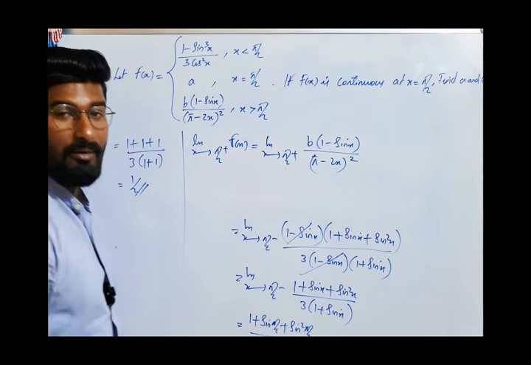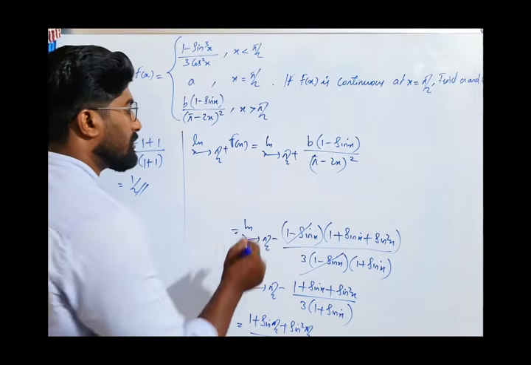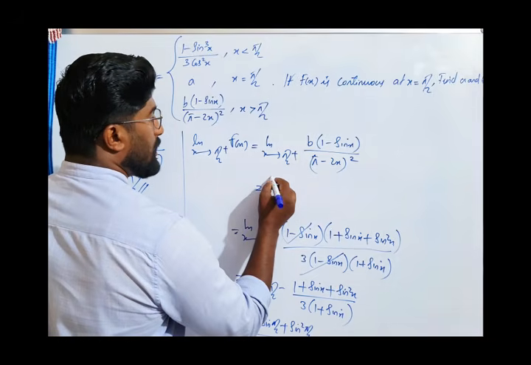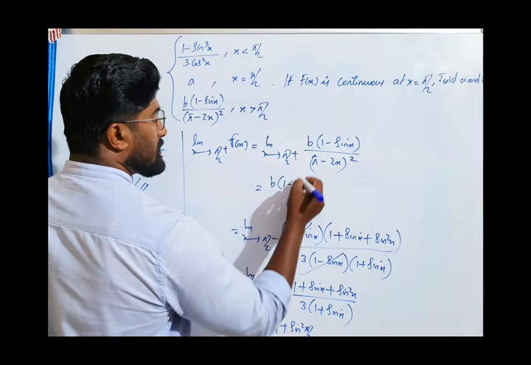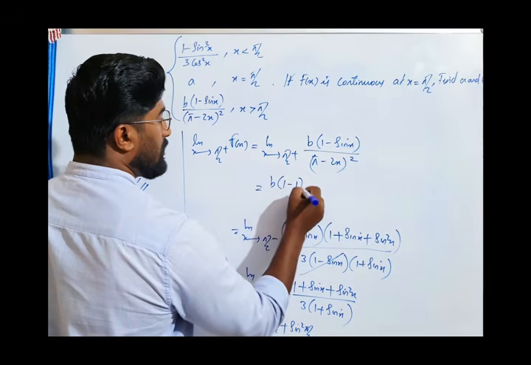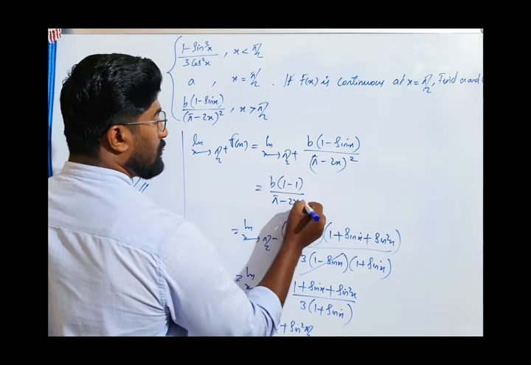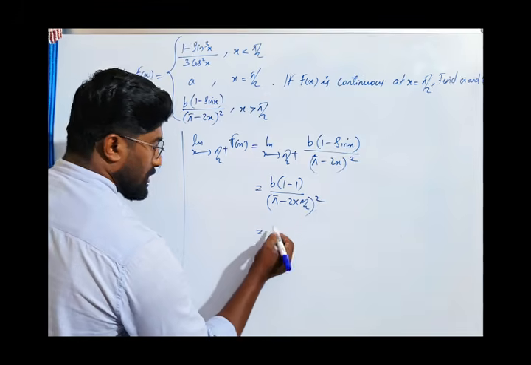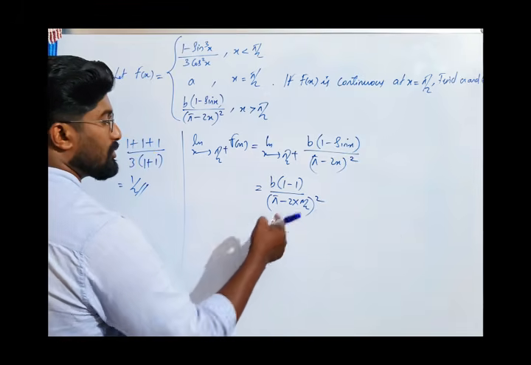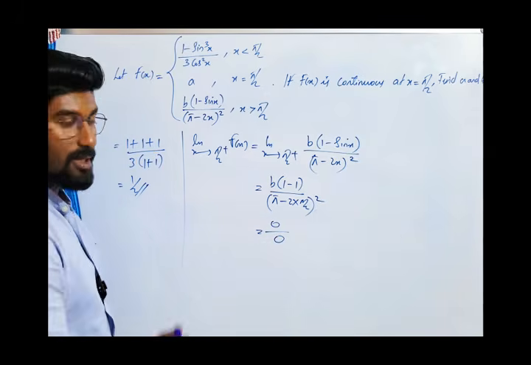Evaluating the function at the prescribed point, that is b into (1 minus sine 90) divided by (pi minus 2 into pi by 2) the whole square, which is 0 by 0.